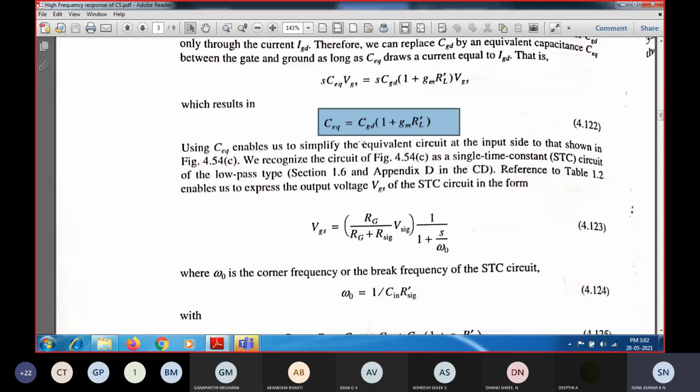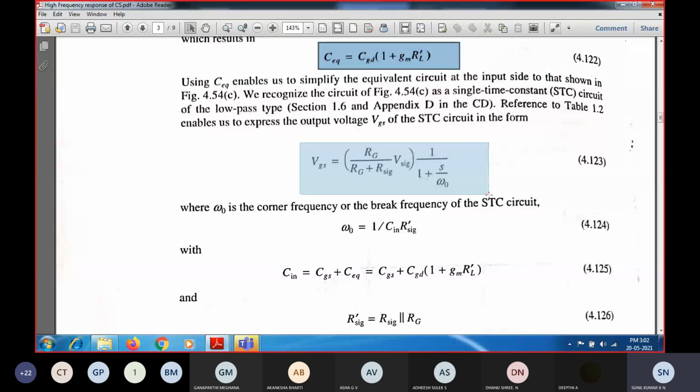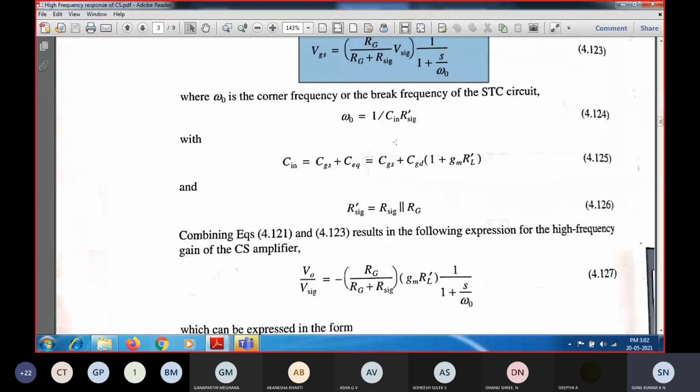Once you find the C equivalent capacitance, what do we need to find out? We need to find out the equivalent circuit at the input side of the voltage as well as the output side of the voltage, so that we can write a single time constant network. From that we are going to find out the value of V signal as well as omega naught, which corresponds to the upper cutoff frequency. The upper cutoff frequency omega naught will be equal to 1 by C into R signal dash.